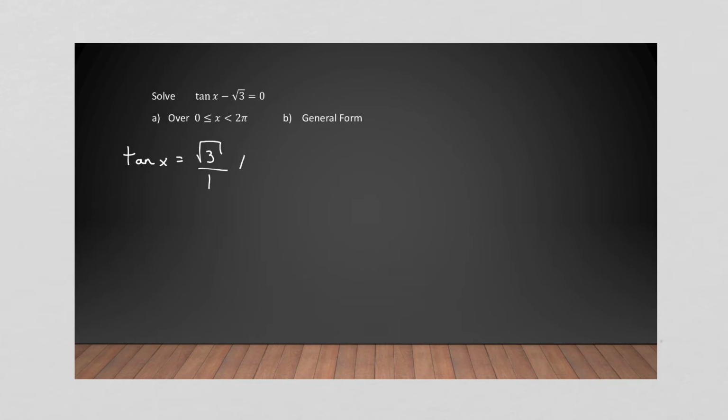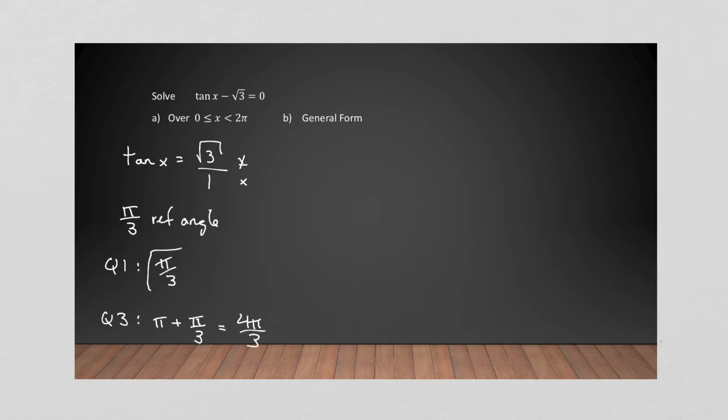Well, that's my y over x, which if root 3 is my y value and 1 is my x value, that means I have a 60-degree or pi over 3 reference angle. And tangent is positive in Q1 and Q3. So in Q1, I just get the answer straight up, pi over 3. My reference angle is my angle. And in Q3, it's pi plus pi over 3, which gives me 4 pi over 3.